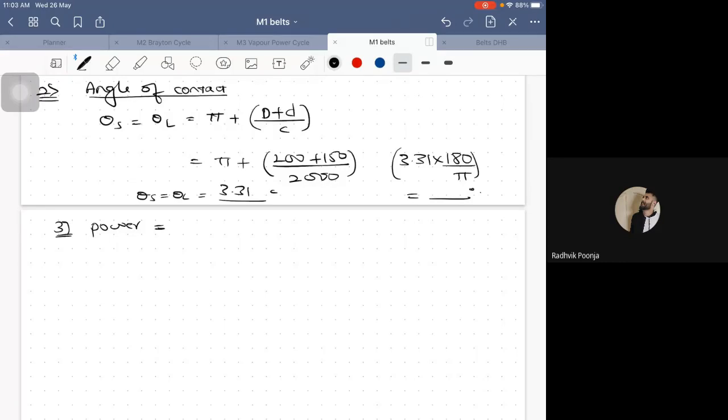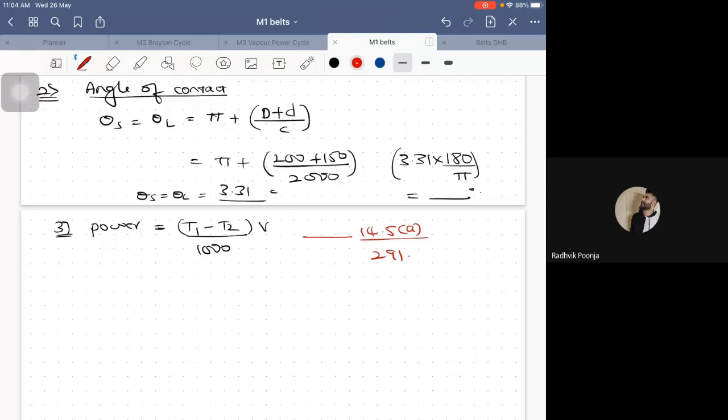This time I would help you because there are many equations to calculate the power. If the density of the belt is given, there is a certain formula. The simplest of all is power equals T1 minus T2 divided by 1000, which gives kilowatts, into V. This is taken from equation number 14.5a on page number 291.